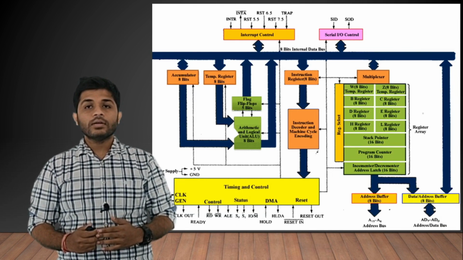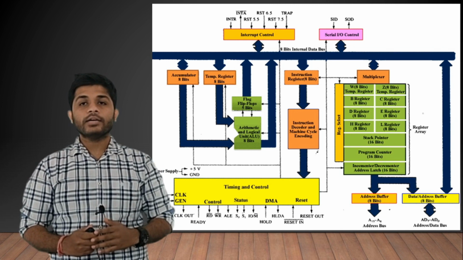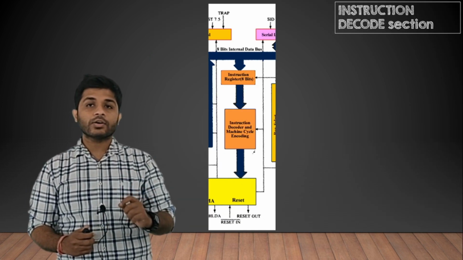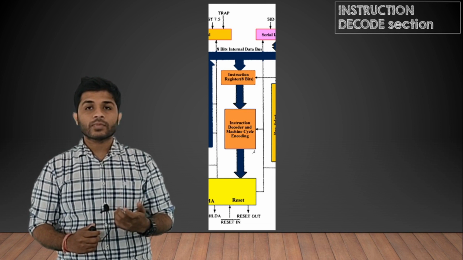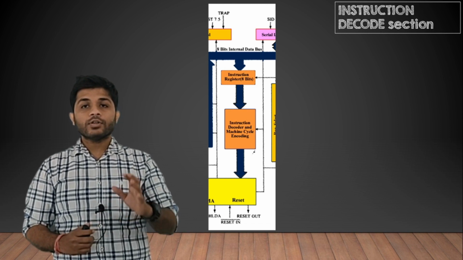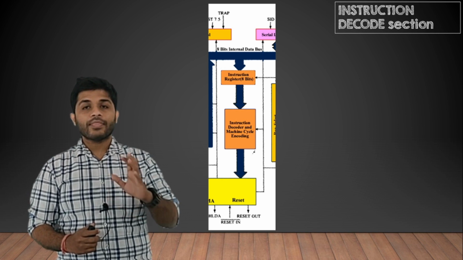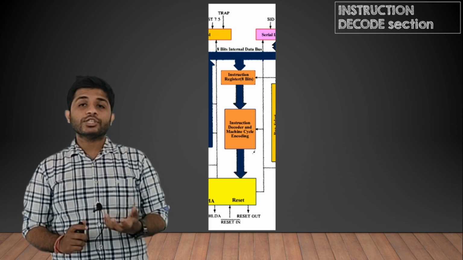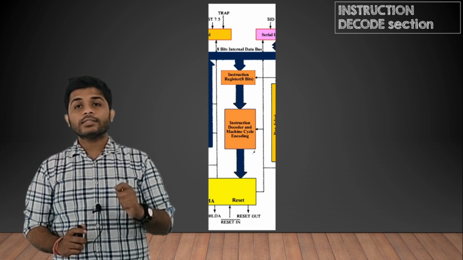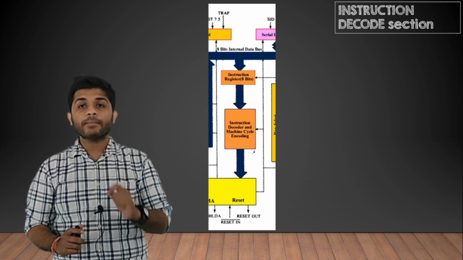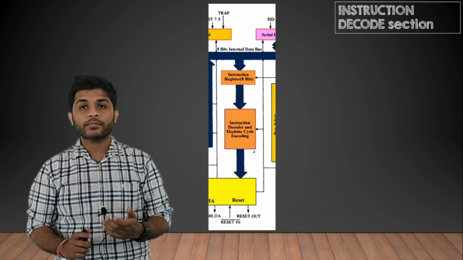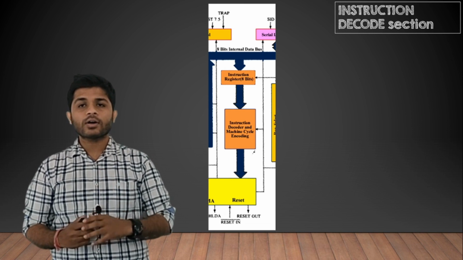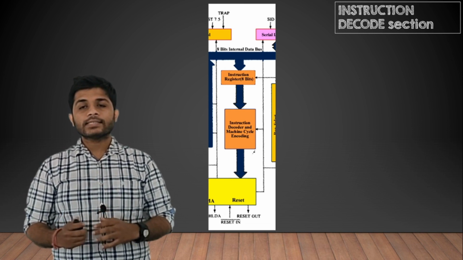Then the next block that we are going to discuss is the instruction decode section. You can see that for the instruction decode section there are two blocks. The first one is the instruction register, and after that there is the instruction decoder and machine cycle encoder. Now to understand the function of this block, let's see one example.